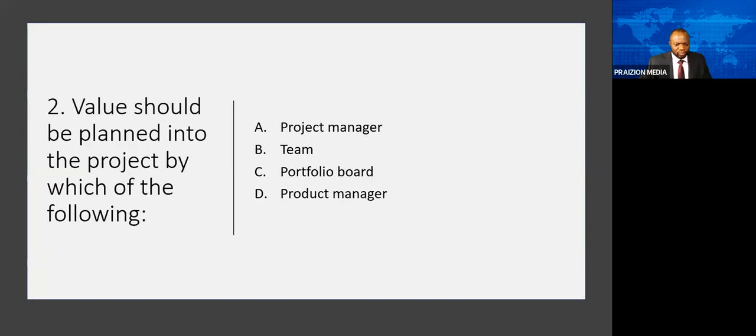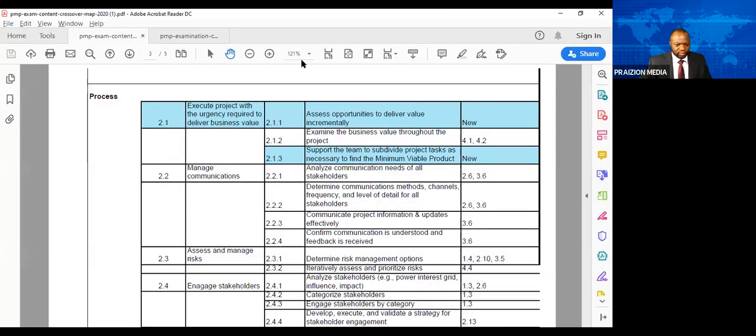Let me take you back to the outline. Let's go back to the outline, my friends. This is an outline you're going to have to study a little bit. Going back to the outline, support the team to subdivide project tasks as necessary.